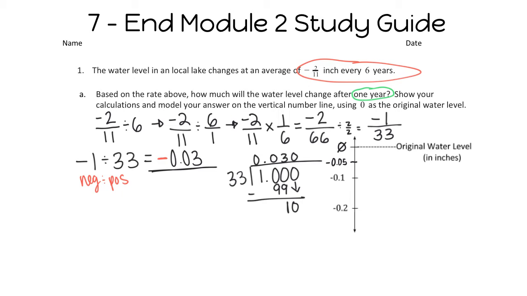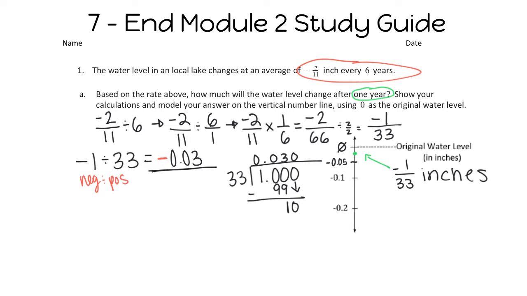Well, I have -0.03. So I know that that point is going to be somewhere between my 0 and my -0.05. So here we're going to label this as -1/33 inches. Okay. All right.